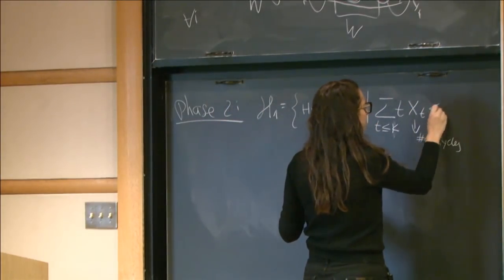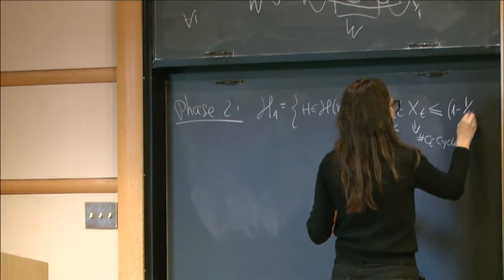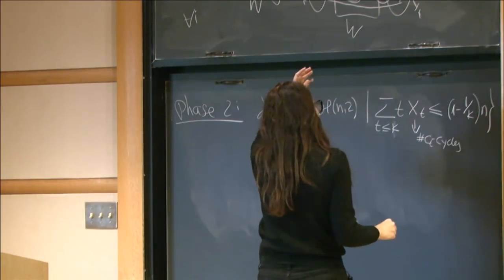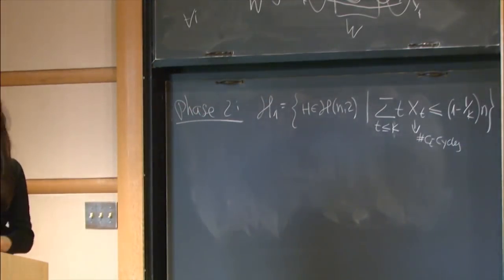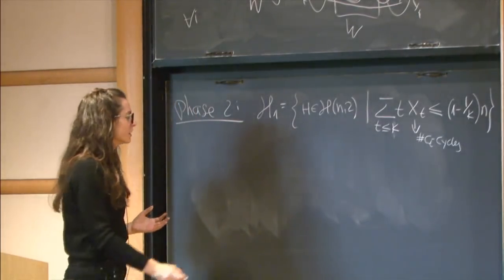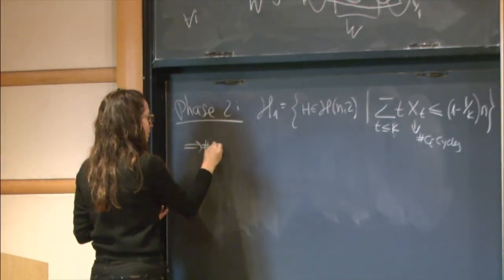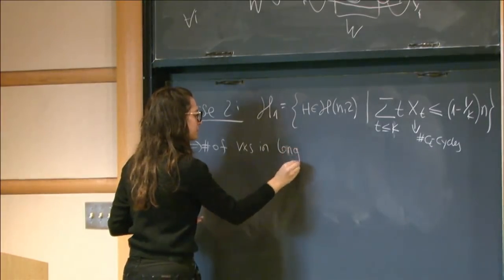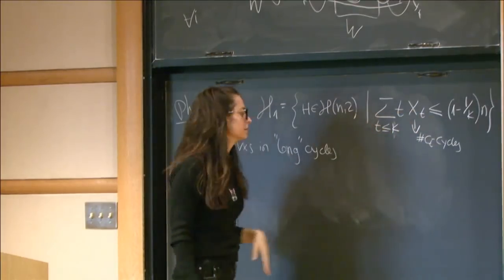I want it to be at most (1 - 1/k)n. Okay, I allow it to be large, but not that large. So what do I get? I get that the number of vertices in long cycles, by long I mean longer than k, is linear.